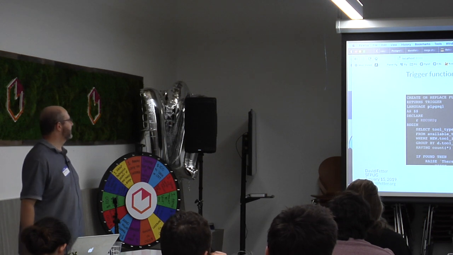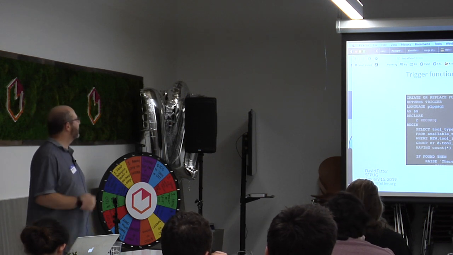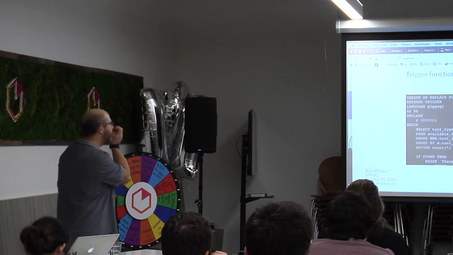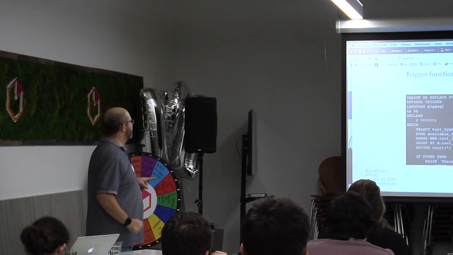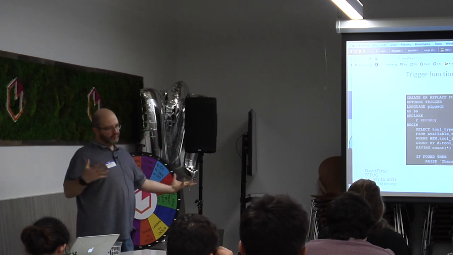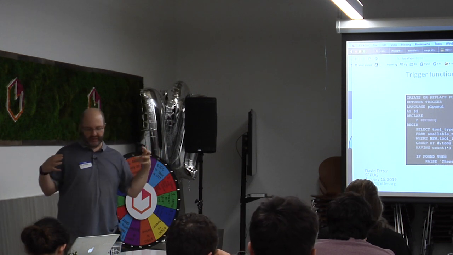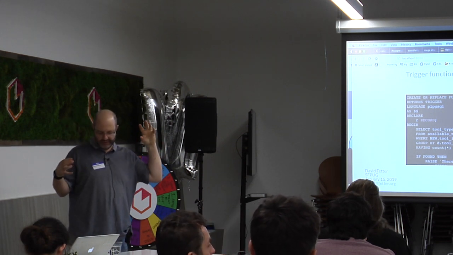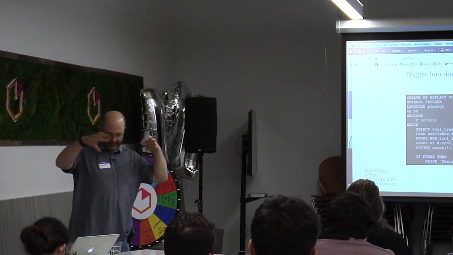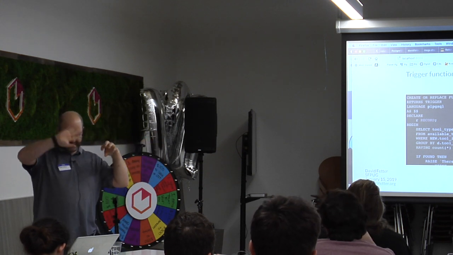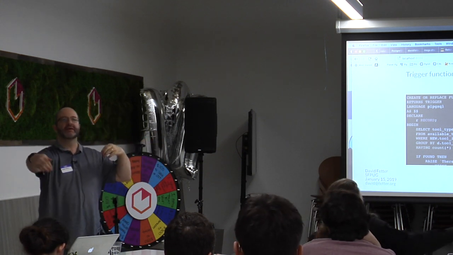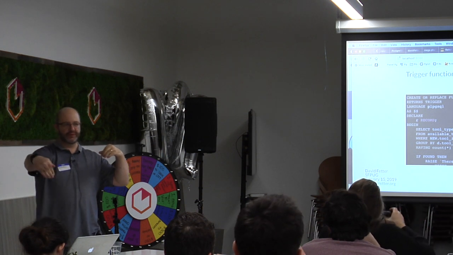So there's another trigger function. Now, this one, so we were in available tools, and we started looking at the other side to aggregate the checked out tools.